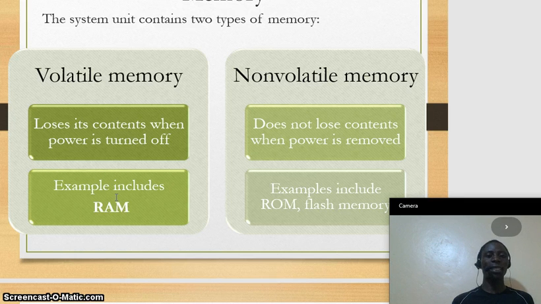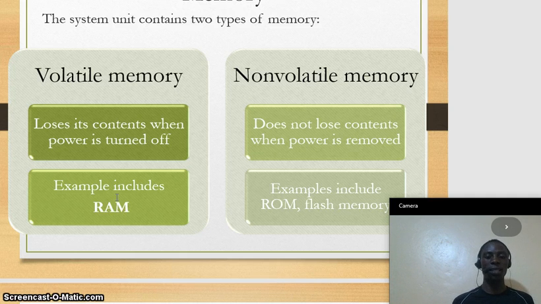It does not lose its content when power goes off, or when the computer is turned off. We used to say it is that type of memory that comes within the computer. It comes as a circuit on the board. It was put there by the manufacturers.